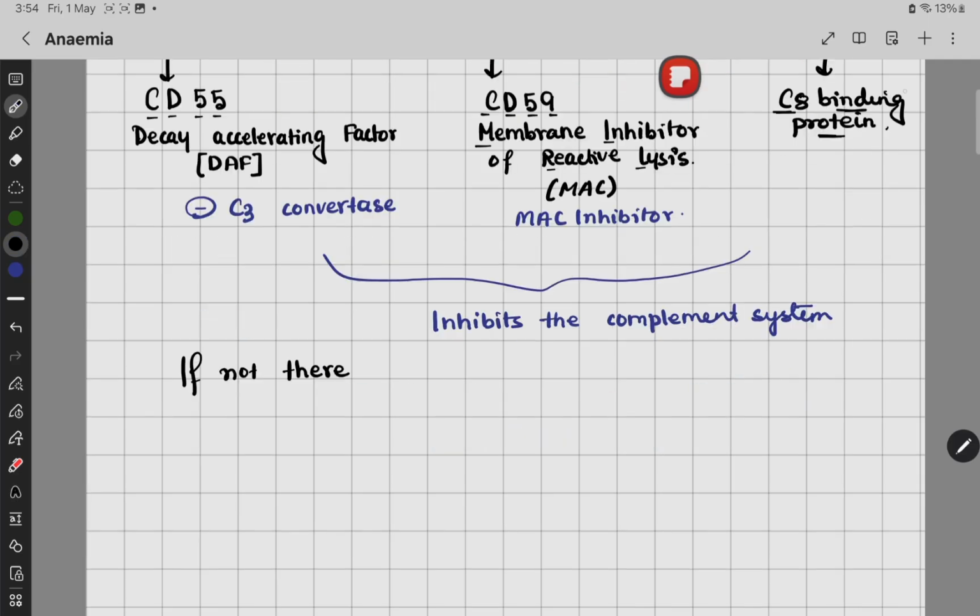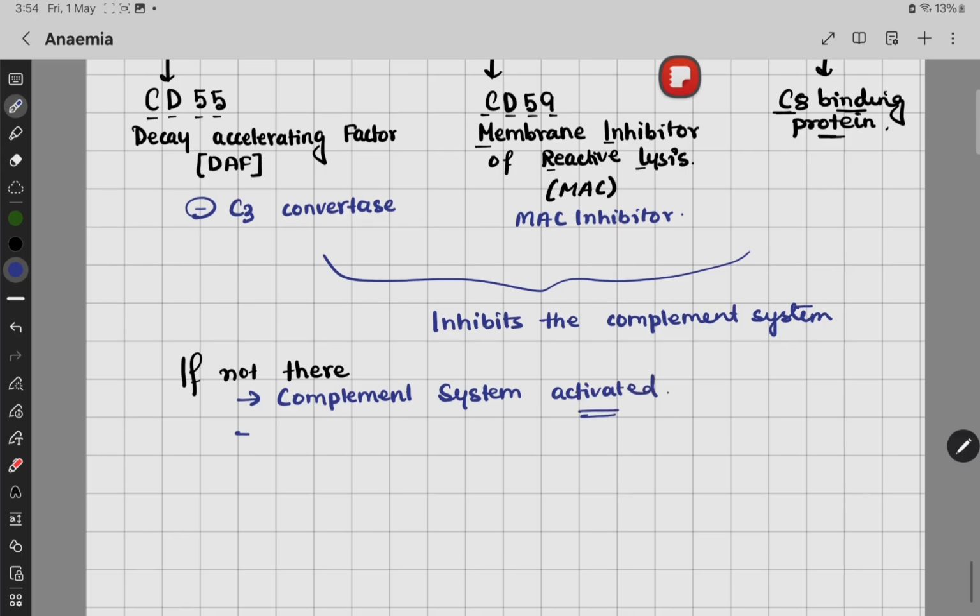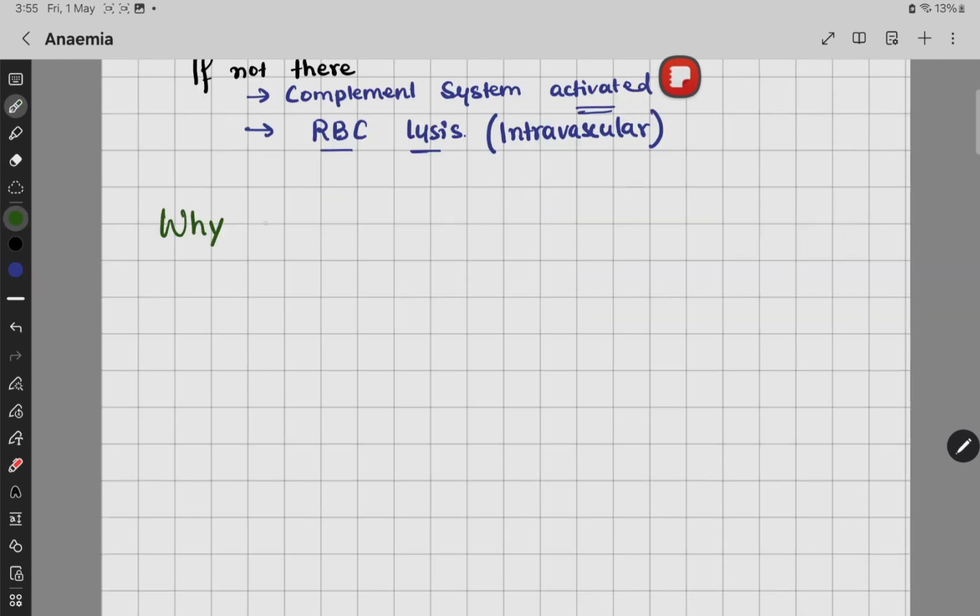Therefore, if these proteins cannot exist due to the deficiency of the anchor, what happens? There is activation of the complement system, and due to this activation there will be lysis of the RBC, which will be intravascular. Now, why do we have the name paroxysmal nocturnal hemoglobinuria?